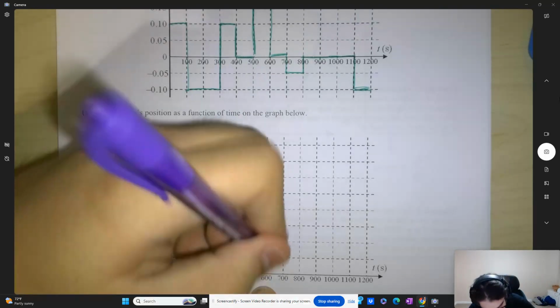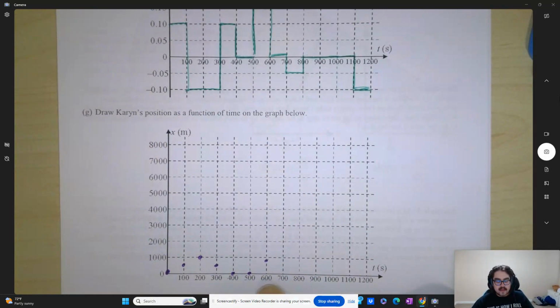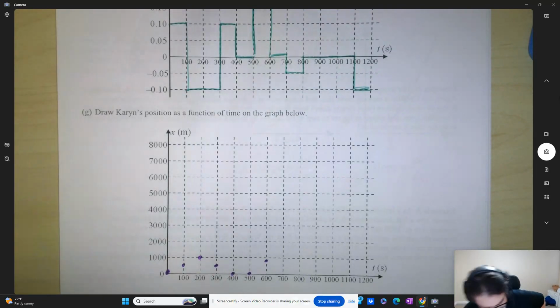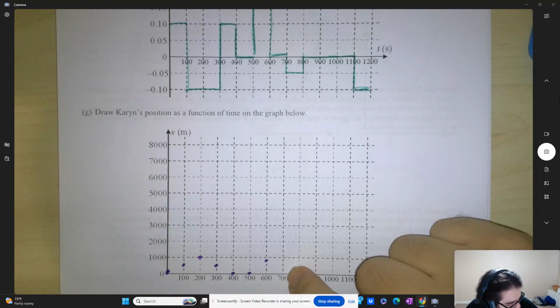600, we moved up 750, so it's going to be right about there, okay? At 700, we moved up an additional 1,500. Okay, so at 700, we should be at, what was it?